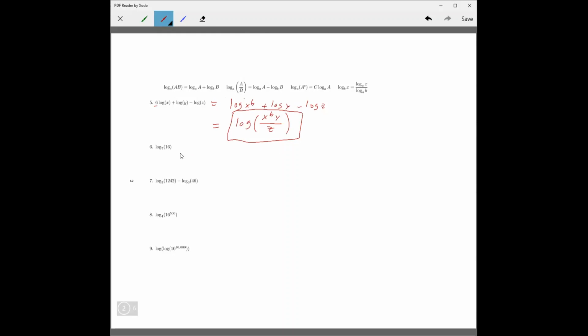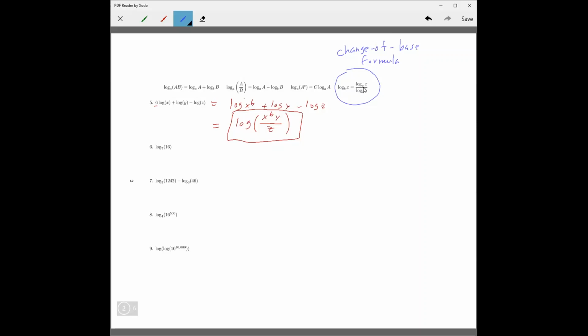Okay, number 6. Number 6 is a fill in the blank, and that features this last one. This is known as the change of base formula. Okay, so you have log base b of x is equal to, you can do this with any base.